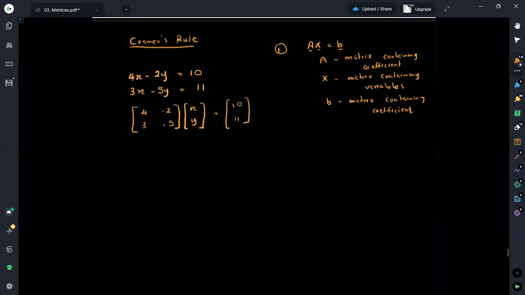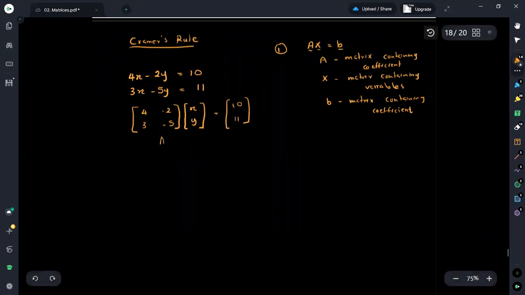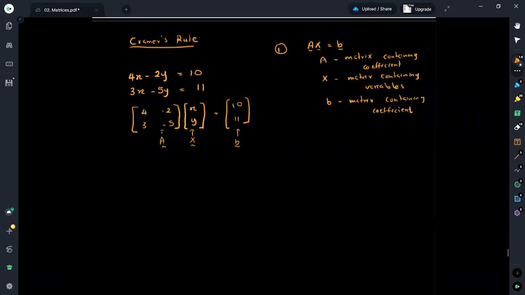Now we have converted the system of linear equations into the form Ax equals b. Here it is matrix A, here it is matrix X, and here it is vector B. Therefore, this is the form that we need to convert this into.